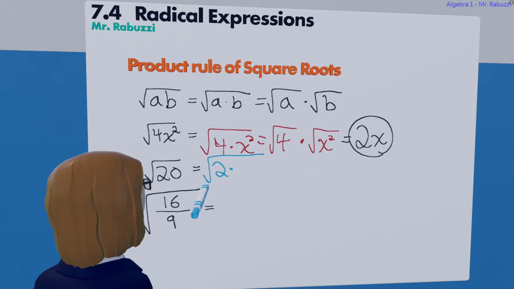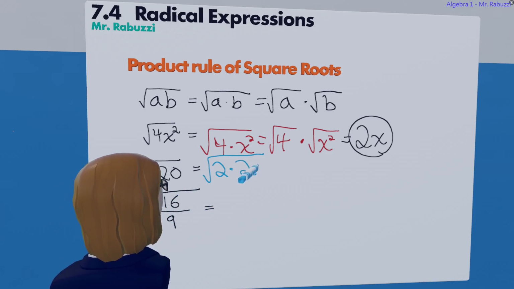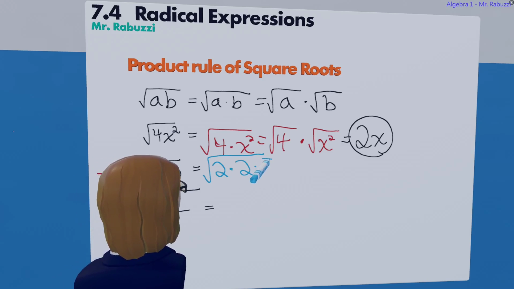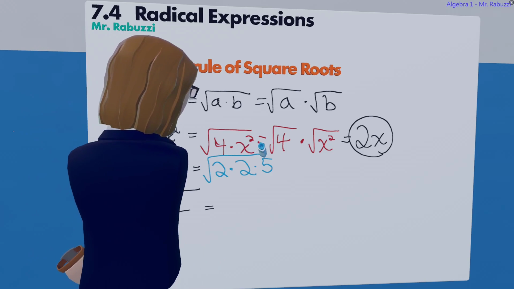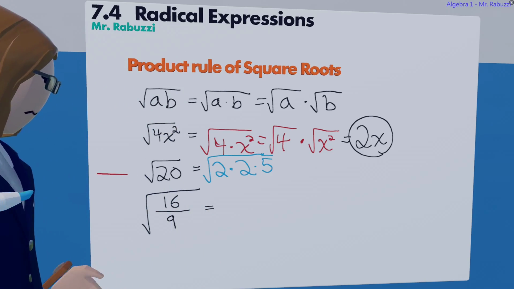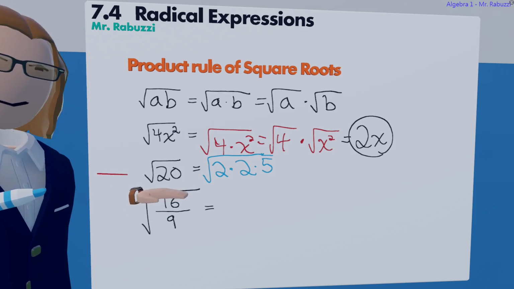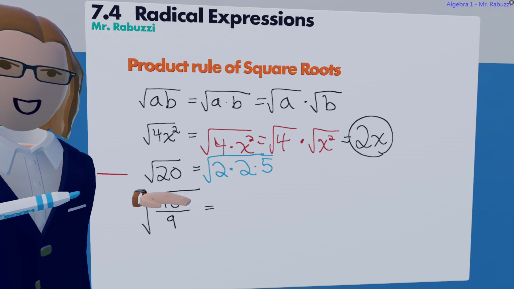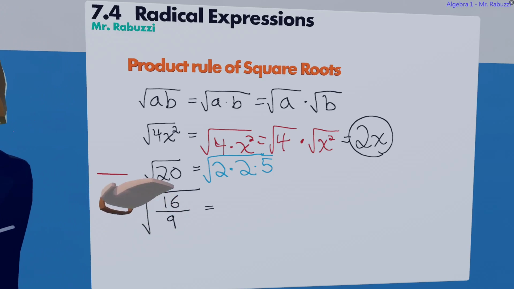So 20 is 2 times 2 times 5. This is the prime factorization of 20. You've probably done this before. So prime factoring, or just any factoring, it can take a little bit of time, but there's no way I could find the real answer to this without a calculator, and the calculator's just going to give me the decimal, and I don't want the decimal.